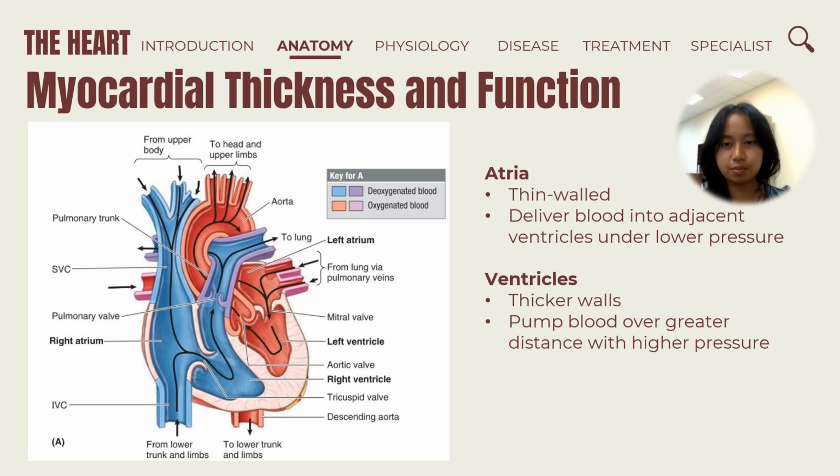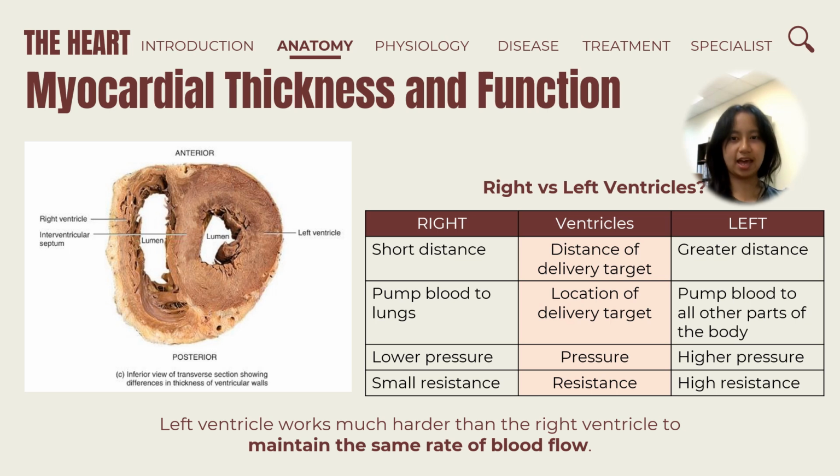Now moving on to the myocardial thickness and function. The atria have thin walls because they deliver blood into the adjacent ventricles under lower pressure. Meanwhile, the ventricles have thicker walls as they pump blood over greater distances with higher pressure. Although the right and left ventricles act as two separate pumps that simultaneously eject equal volumes of blood, the right side has a much smaller workload.